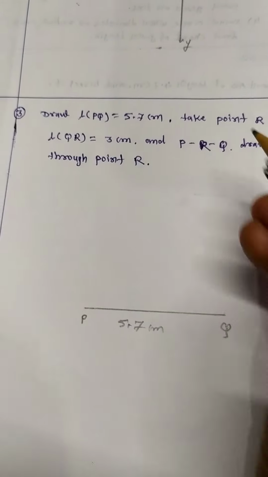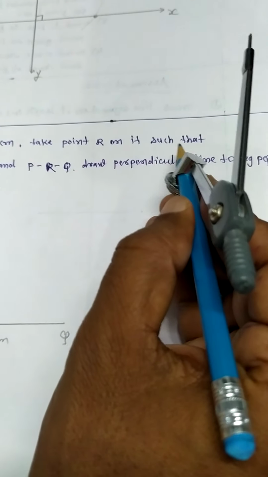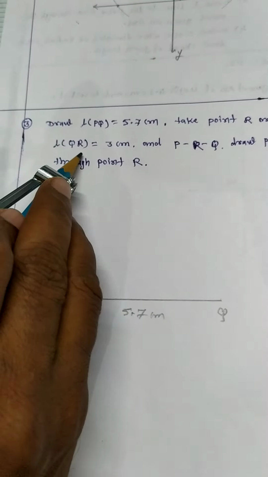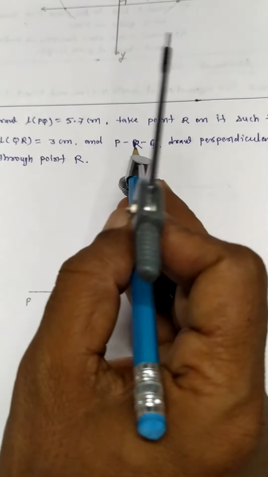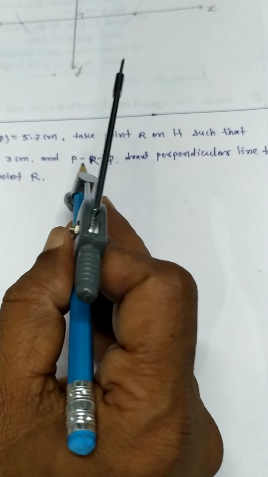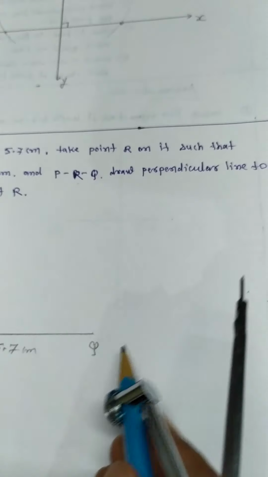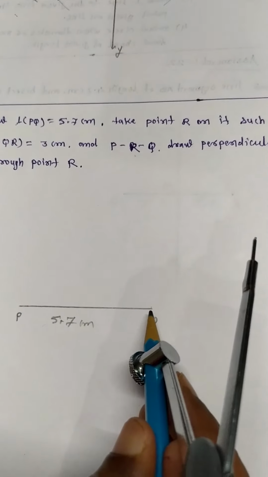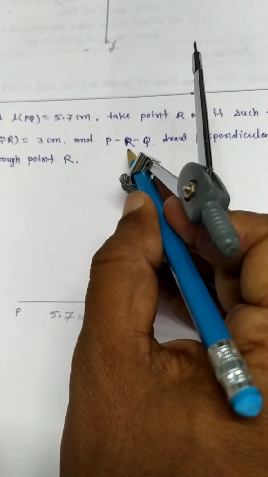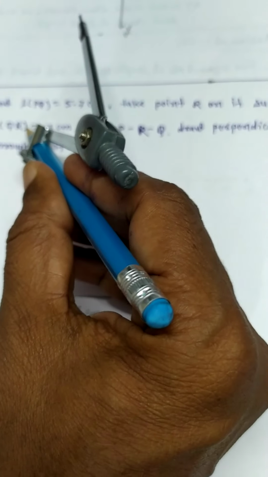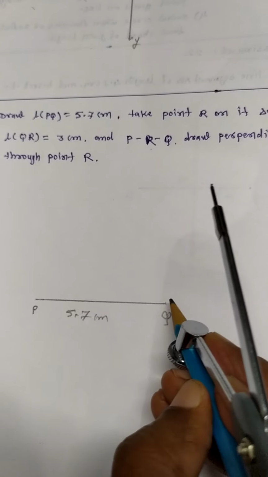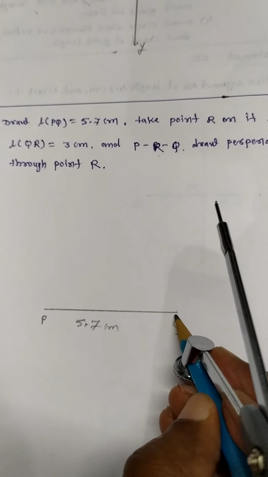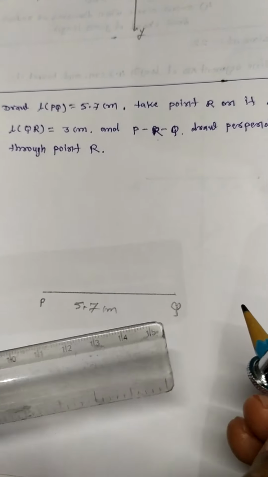Now the next point is: take point R on it such that length QR is equal to 3 centimeter and R lies between P and Q. That means we have to take a point R between P and Q such that it is at a distance of 3 centimeter from Q. This is Q. Now we have to take this point R such that QR is equal to 3 centimeter.